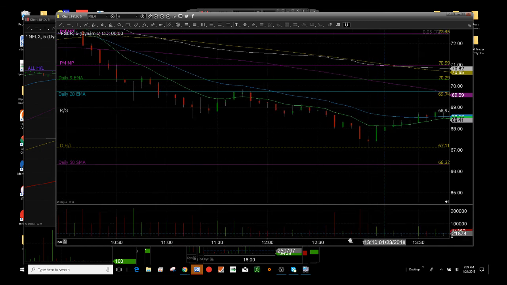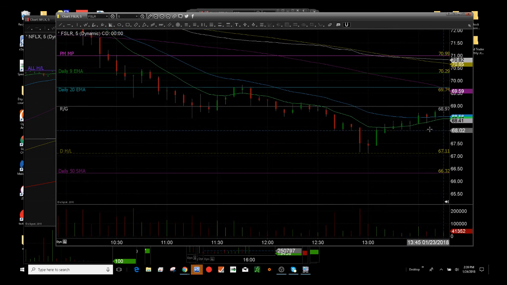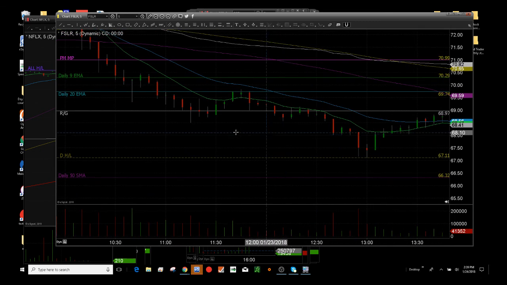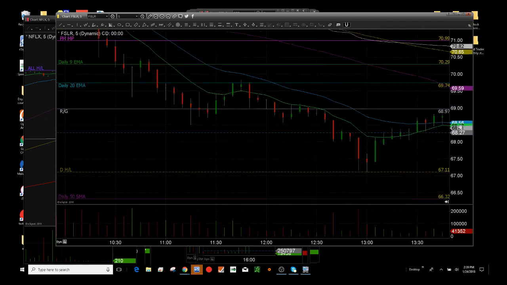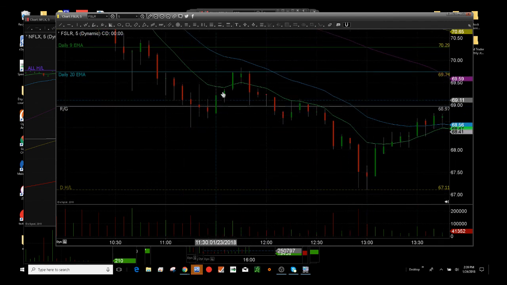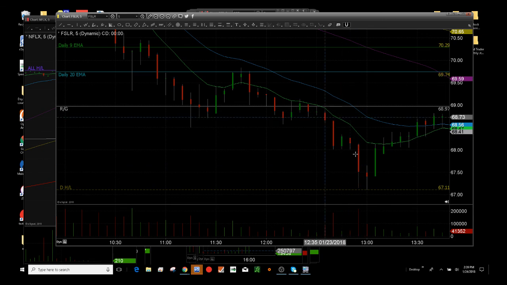Really should have taken it short through here. Came up here, especially when it came up here and it failed here again, and it broke through, retest, and then it should have got short through here. First time, second time, and then really get short.